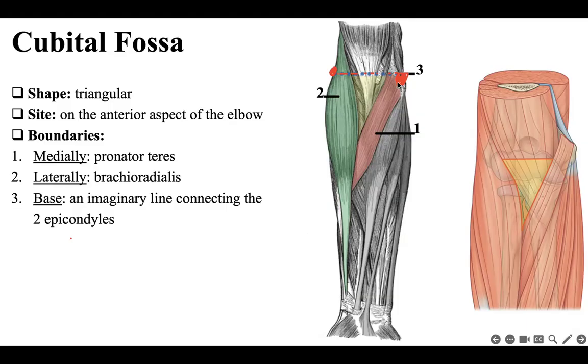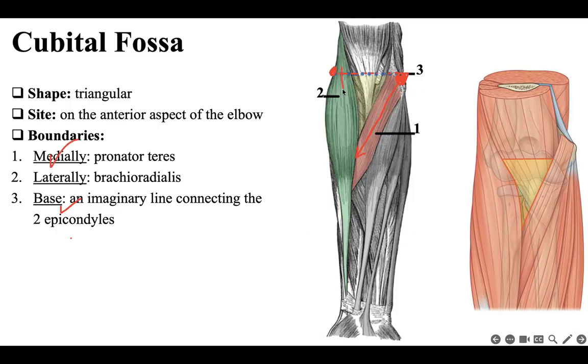From the medial epicondyle, go by an oblique muscle laterally. This muscle is named pronator teres, and this is the second border. So the base will be the imaginary line between the two epicondyles, and medially the pronator teres.